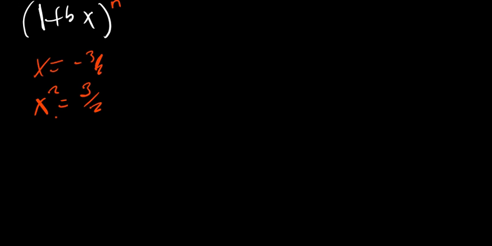So the question is, let me show you the question. But I think if you have got the document that I sent in the group, you are able to see the question, right? So when 1 plus bx, everything to the power n, is expanded in ascending powers of x, using this formula, that's what they mean.